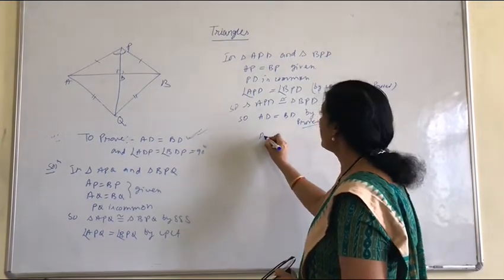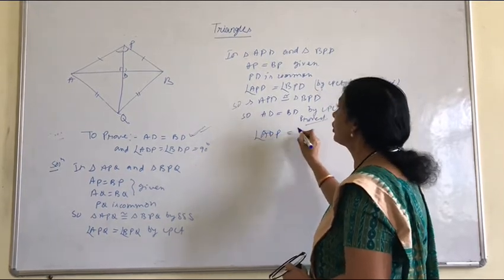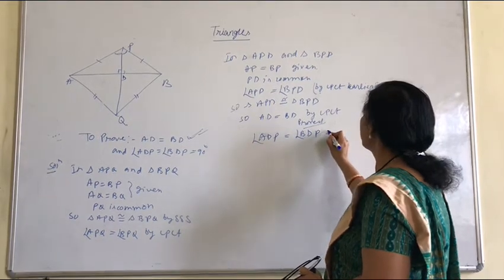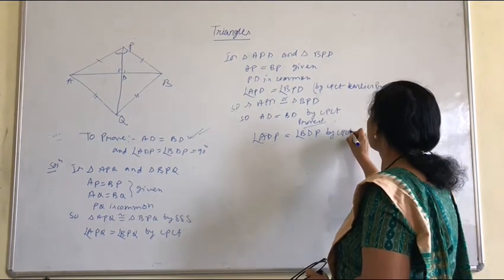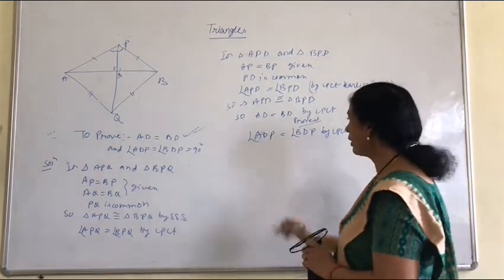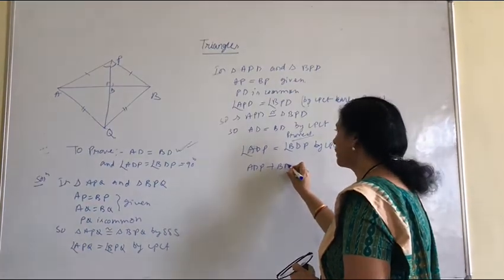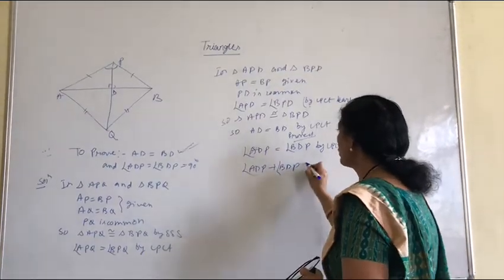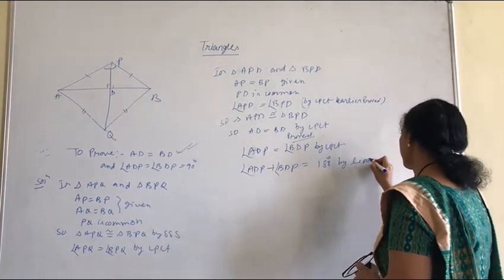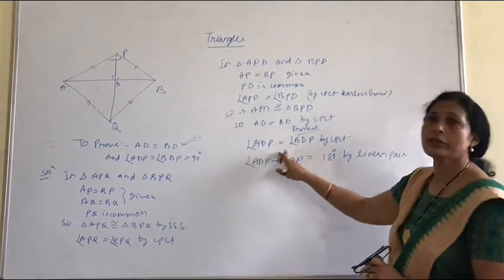And angle ADP is equal to angle BDP by CPCT. Now you have to prove these two angles are 90 degrees. Okay, so angle ADP plus angle BDP is 180 degrees by linear pair. Now you get both the angles are equal.